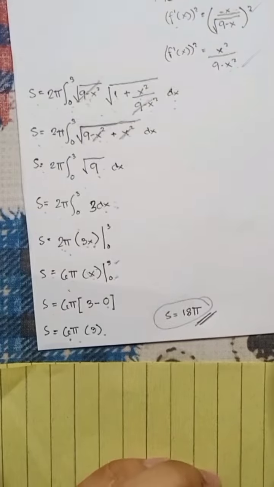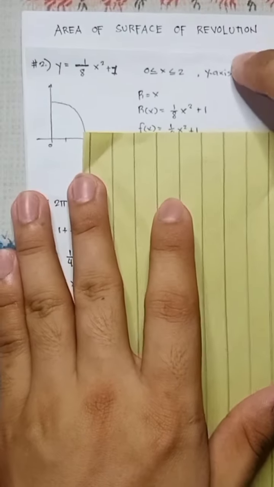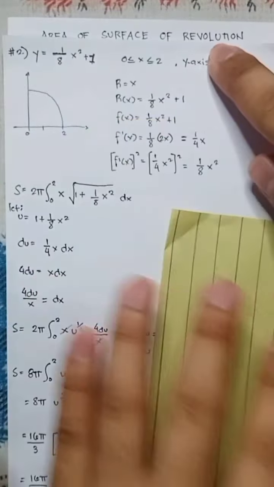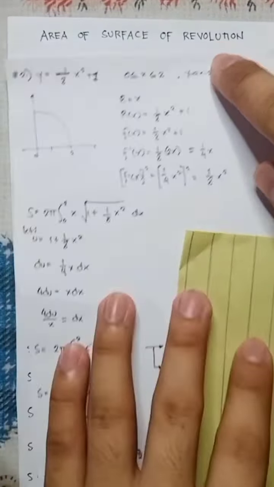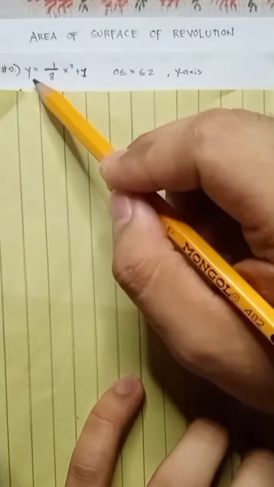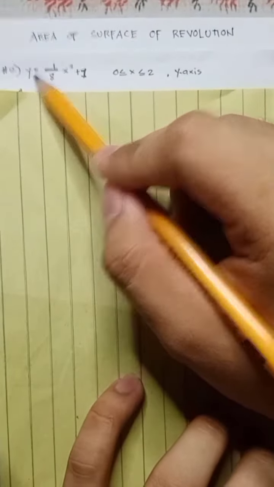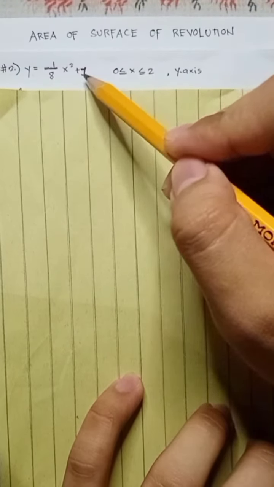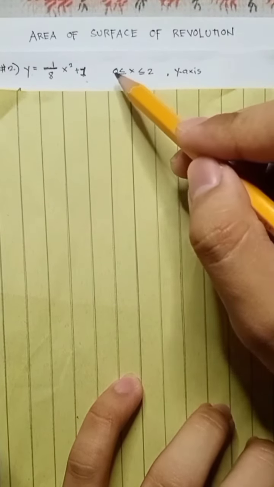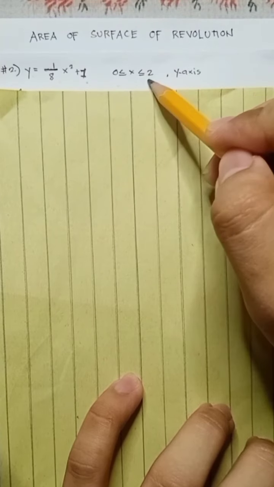So, next naman tayo. Example number 2. Yan. Para kita pa din. Yan. So, given natin is y is equal to 1 over 8 times x squared plus 1 bounded from 0 to 2.